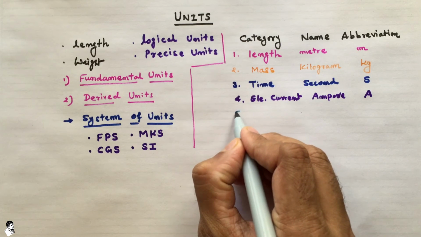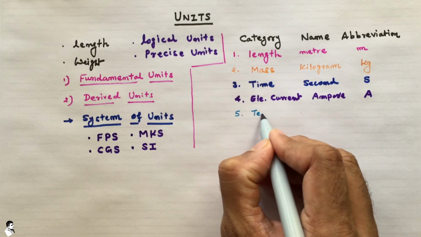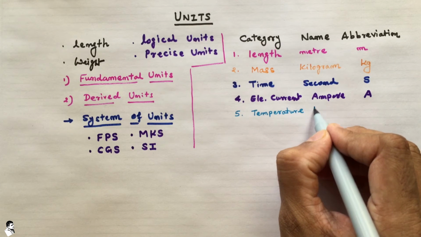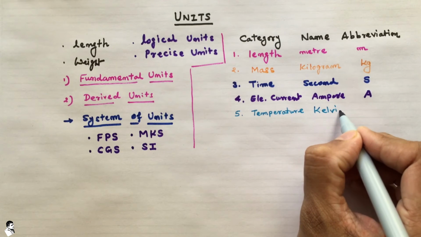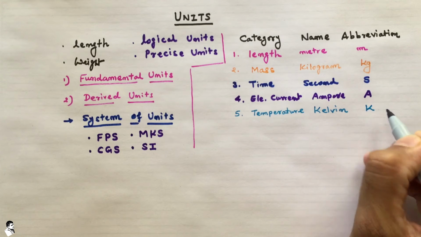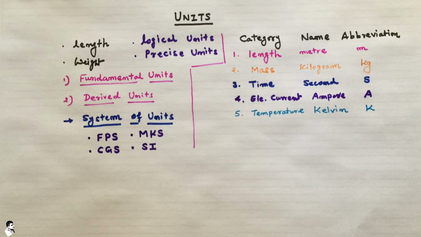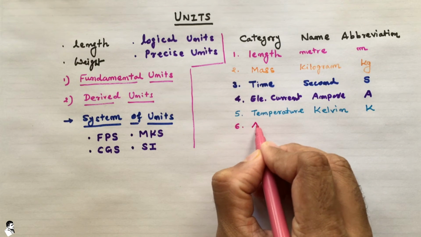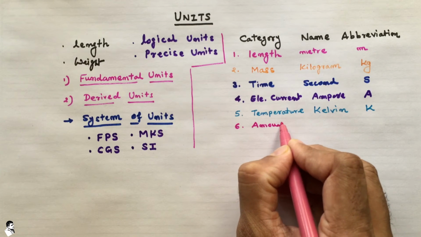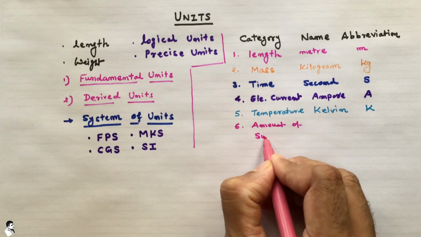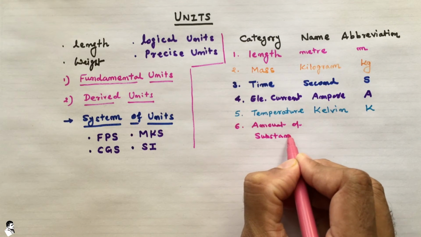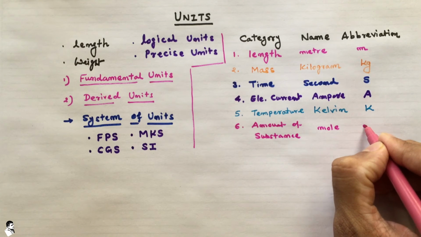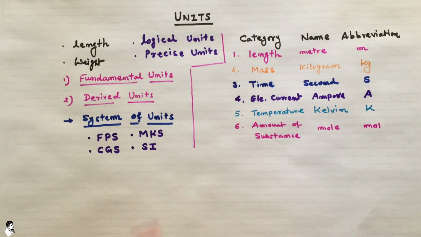Number 5 is temperature, that is in Kelvin and the symbol is capital K. Then number 6 is amount of substance, that is in mole and the symbol is small mol.